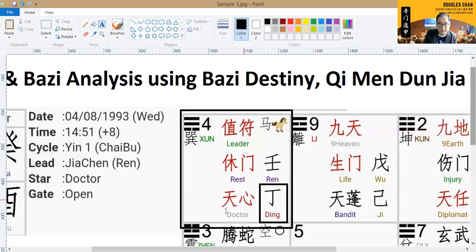On this doctor, this character represents a person who is very talented, very brilliant in this aspect. If you notice, there's a horse over here. Horse tells us that this person is somebody who is very active. He cannot stay in the office for too long. He cannot be stationed in one place for too long.